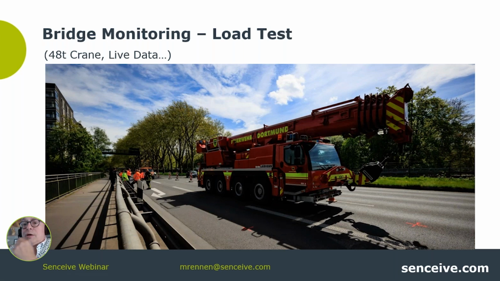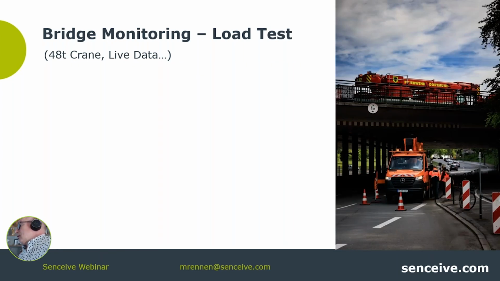what was going on. And during this time, we switched the system on the nodes on a 30-second data rate and switched the system to live mode, so that we could actually see when the impact of the load would hit the bridge, see when it would stabilize, observe it for, let's say, half an hour, and then move the truck away and see how the bridge returned to its previous position.